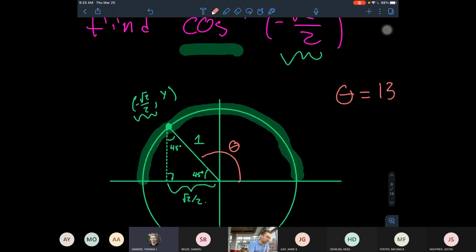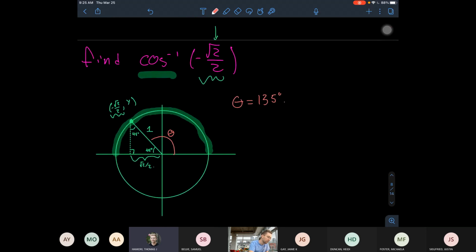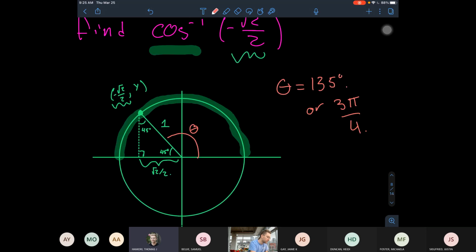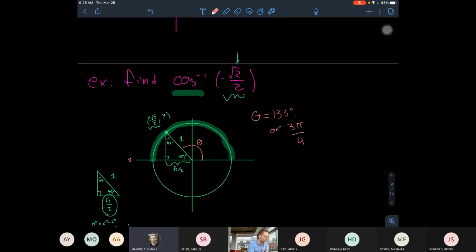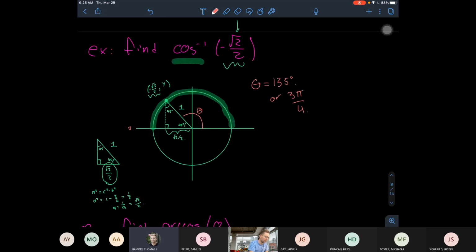So this angle here is 135 degrees, or 3 pi over 4. 3/4 of the way to pi. Okay, so this is our answer: 3 pi over 4 radians.